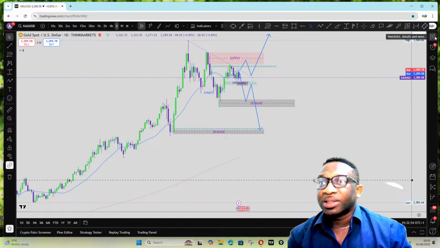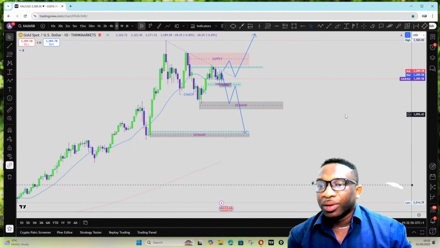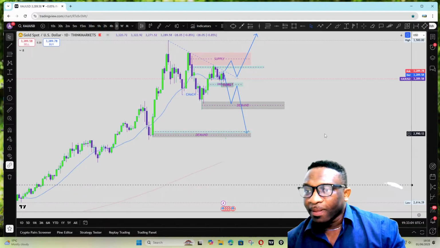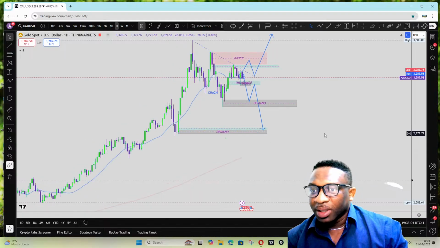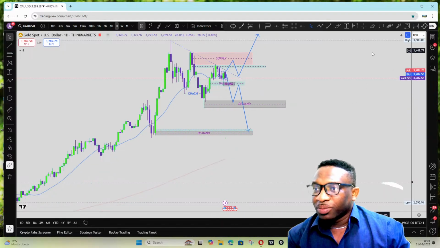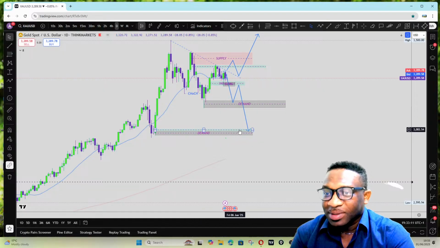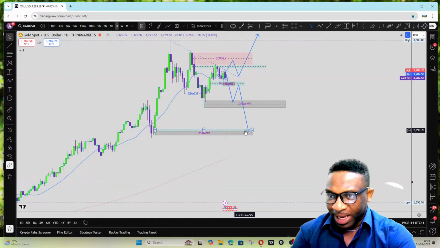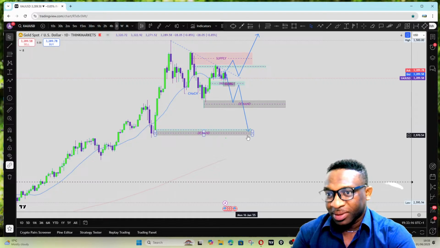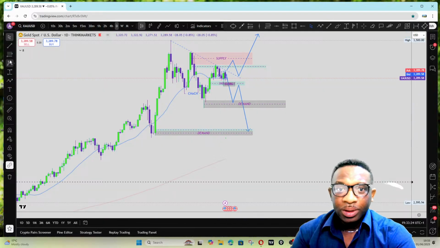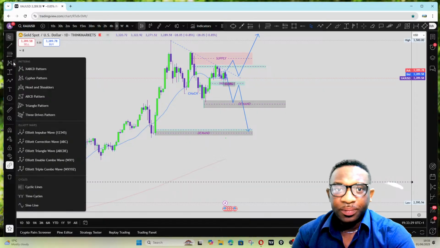So we see how it plays out once things begin to play out. So what we could do in trading this is, you can either set your buy limits in these areas, where you put your buy limit here and then your stop loss goes below the, let me put this here.